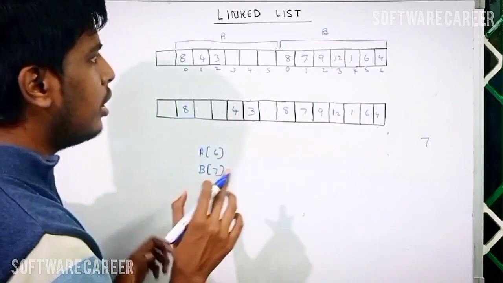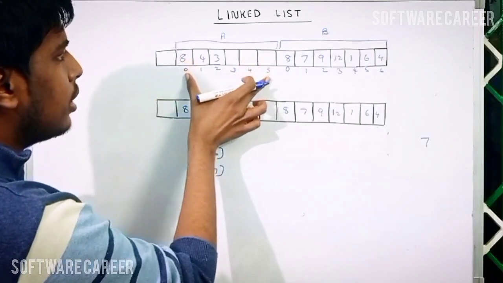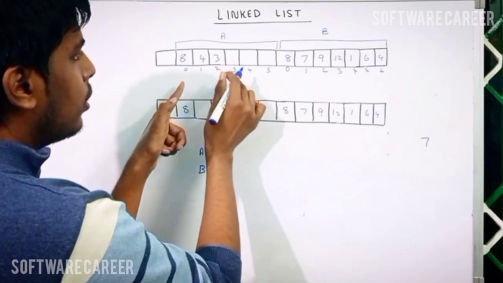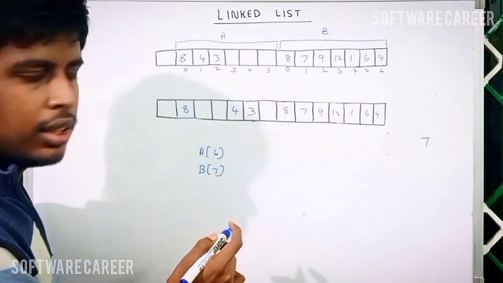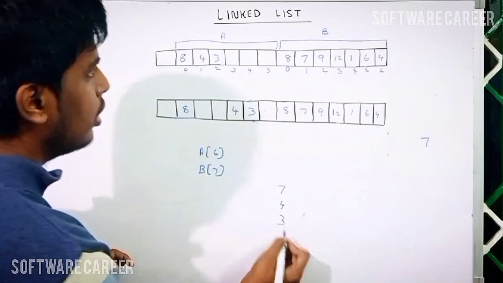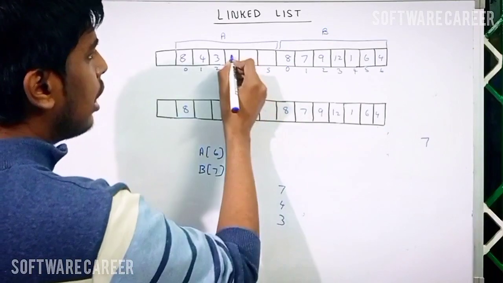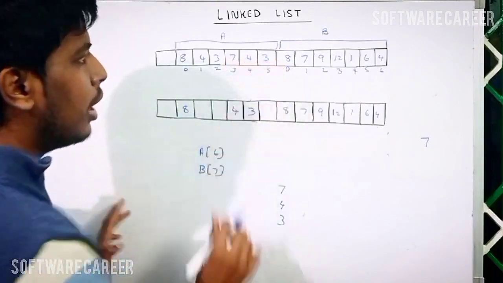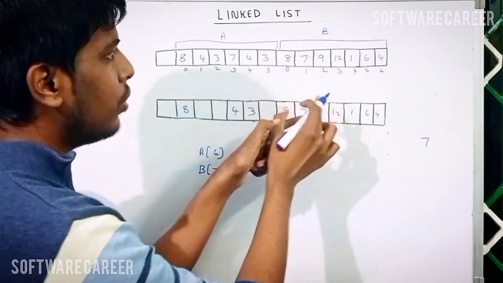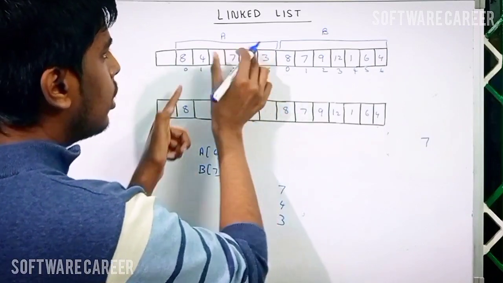Now the other problem is this. Suppose in this array A the size is 6. Now you are filling 3 more elements into this array. Suppose I am inserting 7, 4, 3. These 3 elements I am inserting into array A. Now suppose I want to increase the size of array A. I can't increase it.